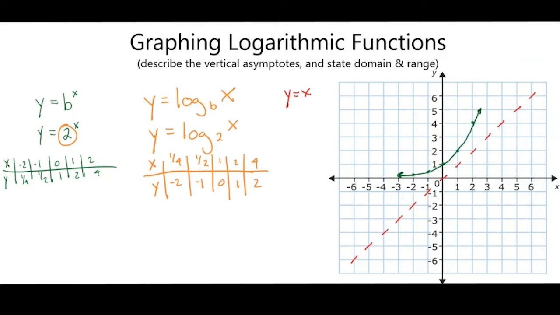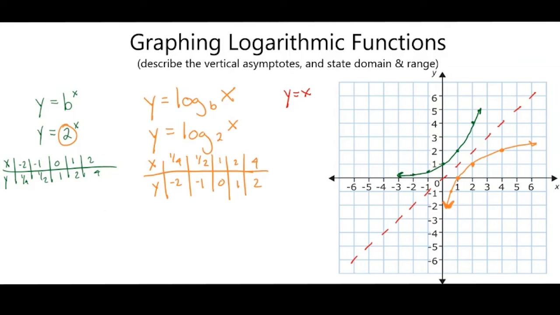So x is 1/4, y is -2. X is 1/2, y is -1. When x is 1, y is 0. When x is 2, y is 1. And when x is 4, y is 2. So I will draw my curve, and you will see that this curve is reflected about our red dotted line.